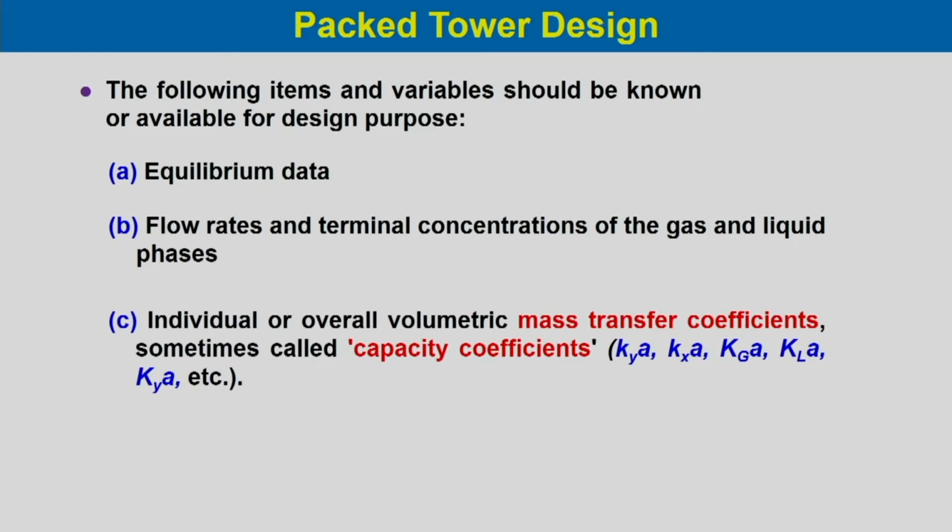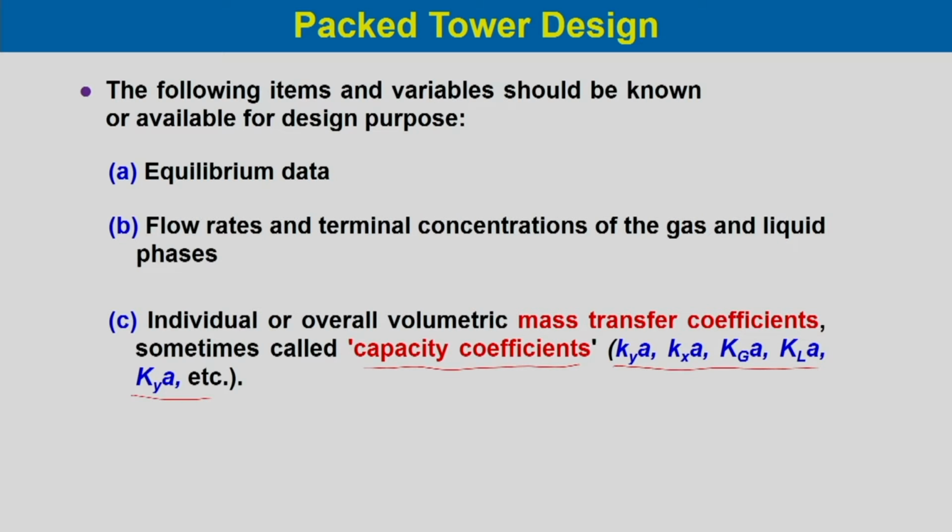Individual or overall volumetric mass transfer coefficients, sometimes called capacity coefficients, are based on the gas phase and liquid phase. We should have those data available with us, that is small kya, small kxa and capital Kga and capital Kla, capital Kya, etc. These are the parameters for that particular system.